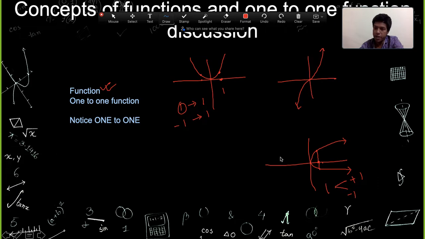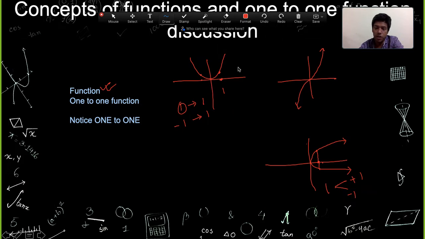The definition of function tells us that this kind of situation is not allowed, it is forbidden in function. For a function, one x value can have only one y value, but different x values can have a common y value, no problem. That is what the definition of function tells us.